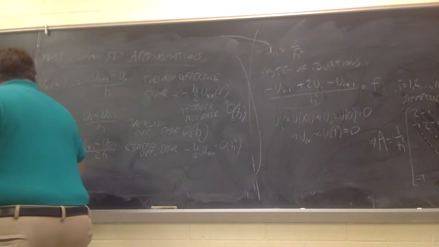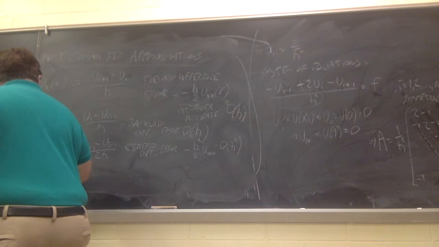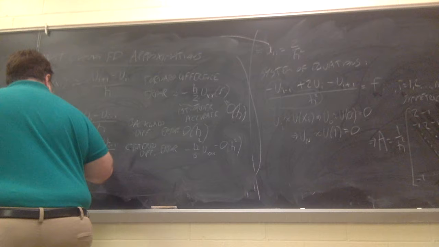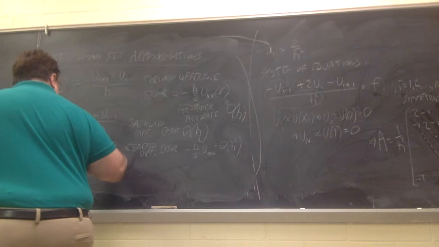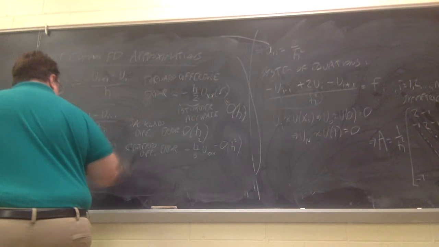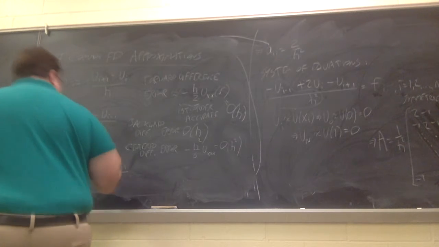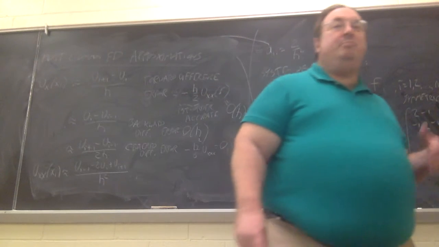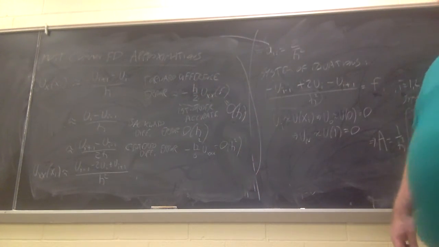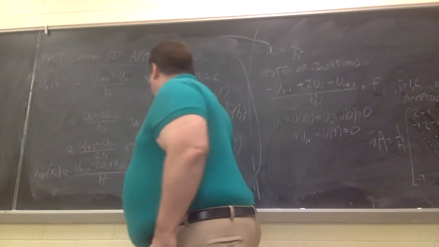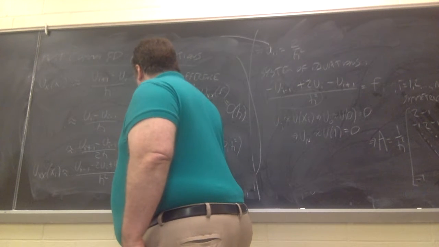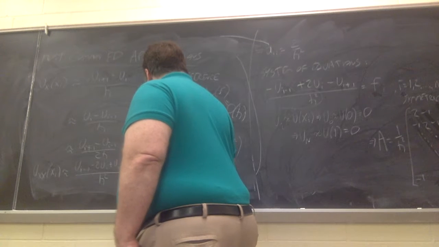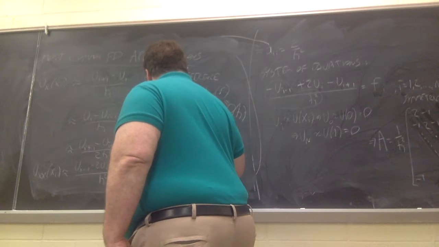And then for a second derivative, well, the one I just derived, now here it's the opposite signs, because before I was approximating minus uxx, but now this is just uxx. And the error is minus h squared over 12, fourth derivative.